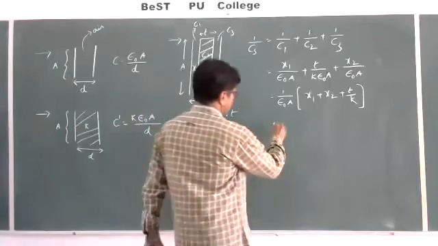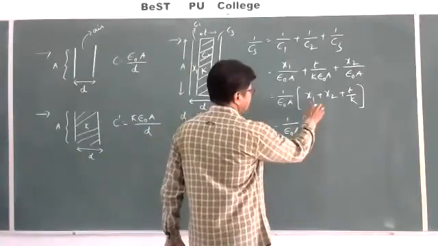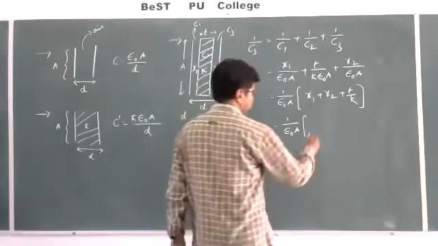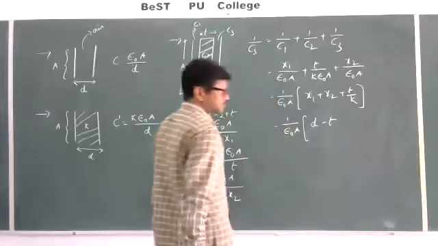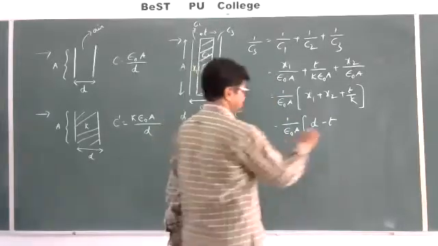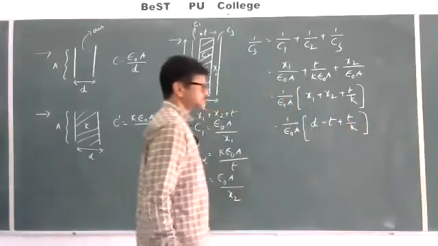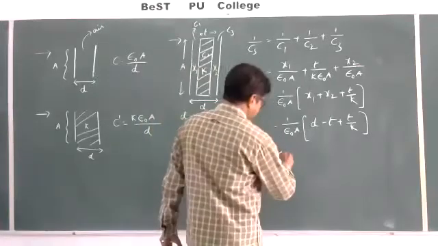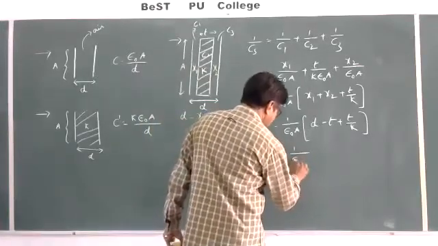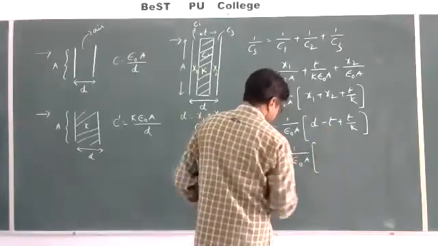Now 1 by epsilon naught A, instead of x1 plus x2, I will take D minus T plus T by K. Now 1 by epsilon naught A, in the numerator what will we get?